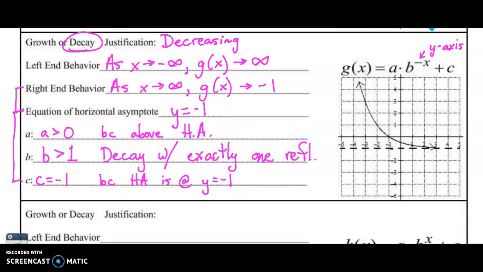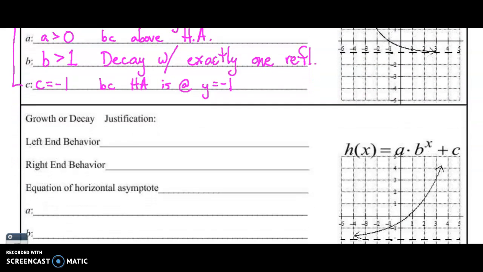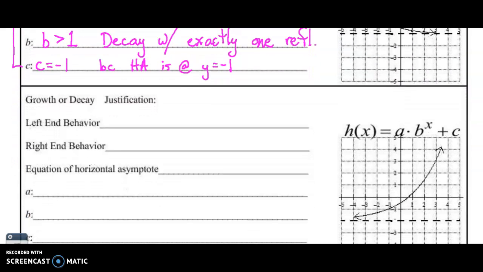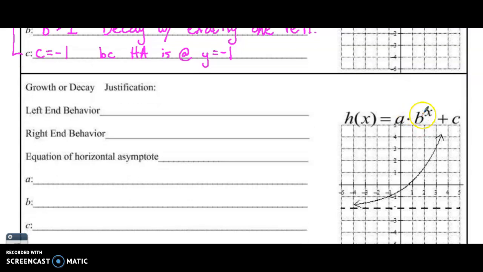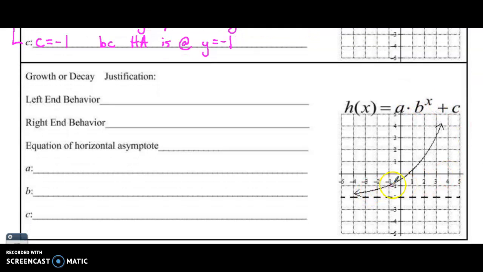All right. So if you have any questions, please write them down and bring them to me. Because as we look at the next one, this is not a y-axis reflection. It's a positive x value. So there's no reflection there. And so you might be looking at this next one, and you can already tell that there's no reflection at all. But before I do that, identify that we have a growth because we have an increasing function. And maybe you jump ahead to what the b value would be.